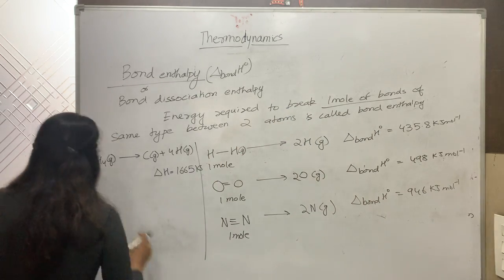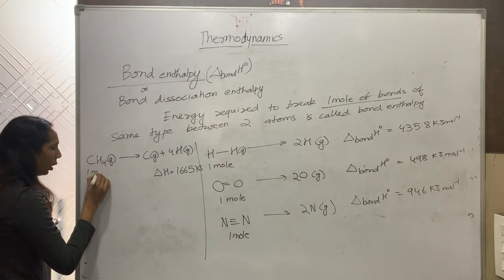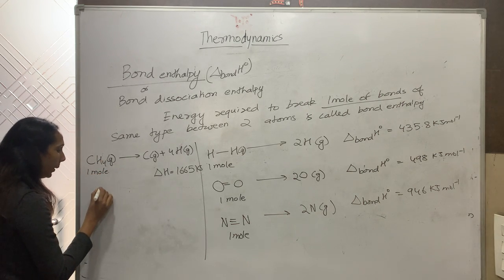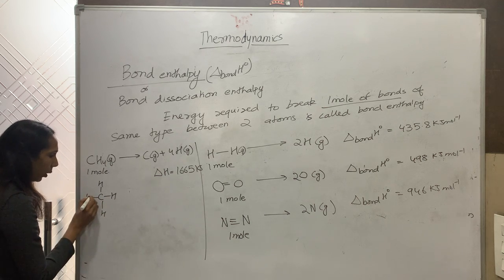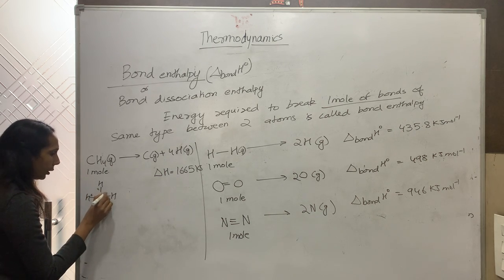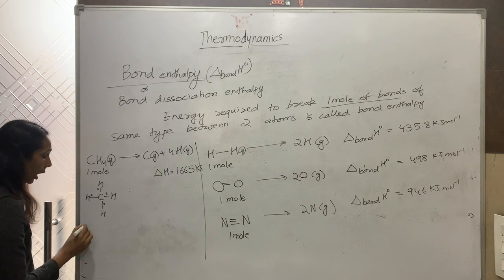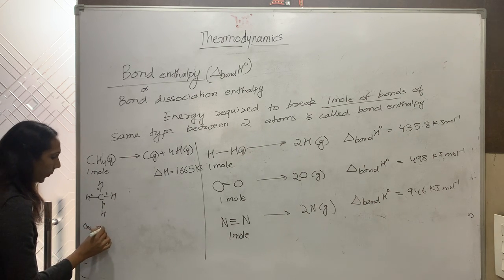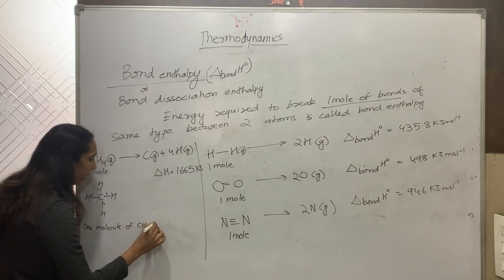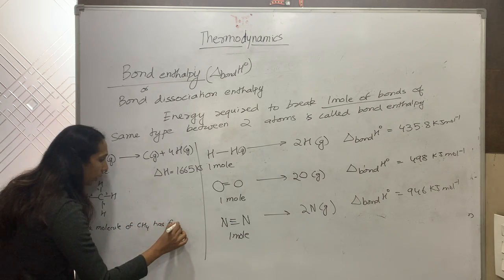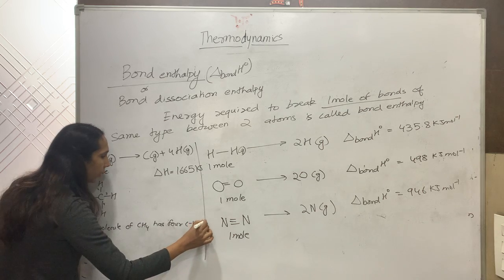Now see, 1 mole of CH4. How many C-H bonds does it have? 1 bond, 2 bond, 3 bond, 4 bond. So 1 molecule of CH4 has 4 C-H bonds, right?